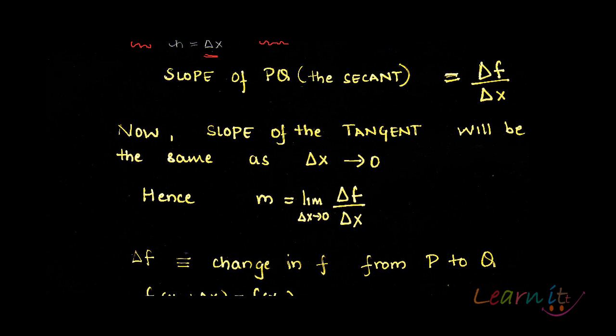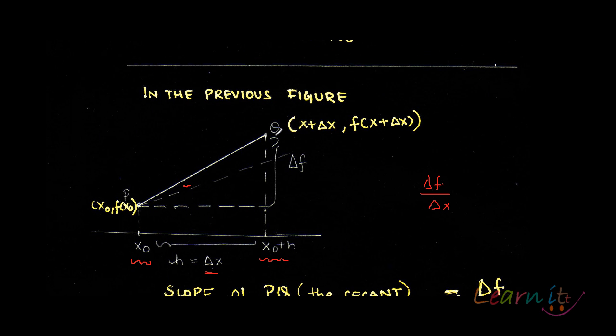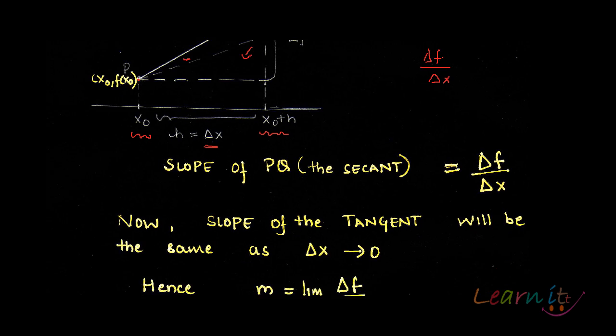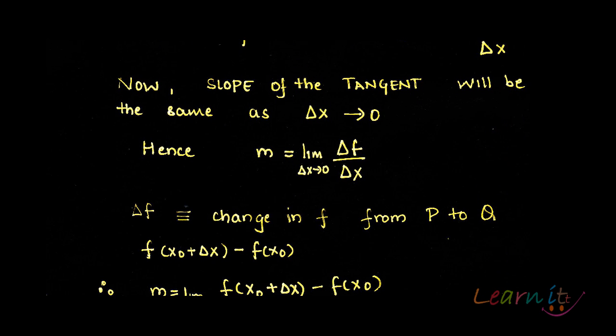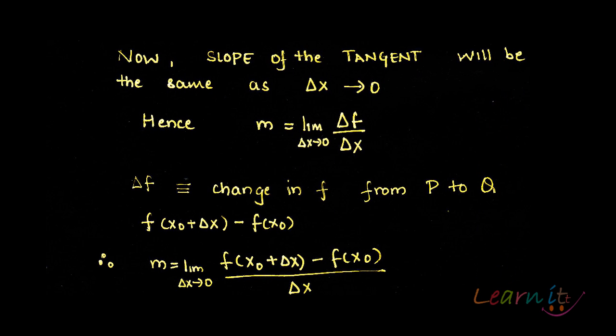Because for Q to come to P, the change in x has to be nearly 0, for this point to move and come here, on the curve. Of course, I haven't drawn the curve here. So that will be the slope of the tangent, right?